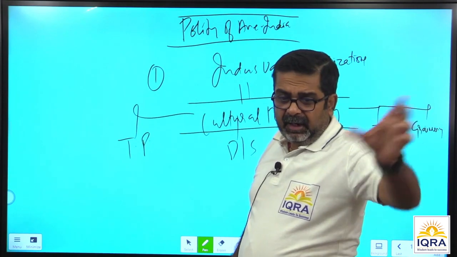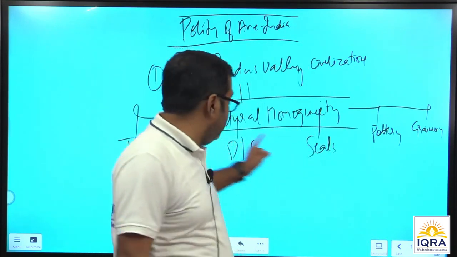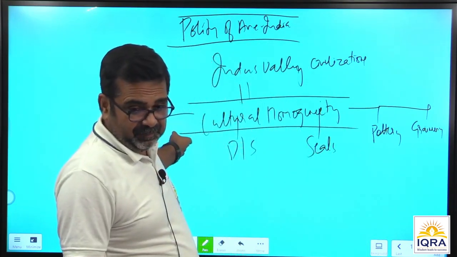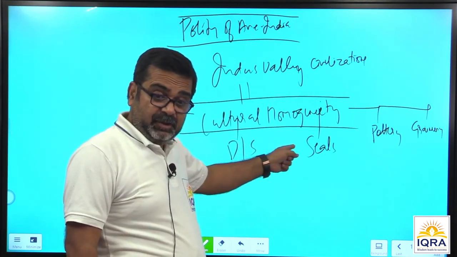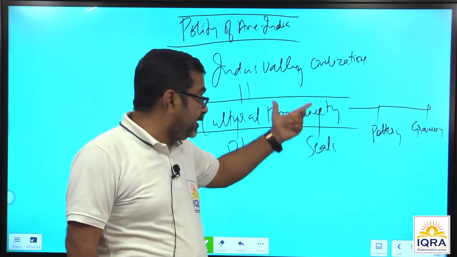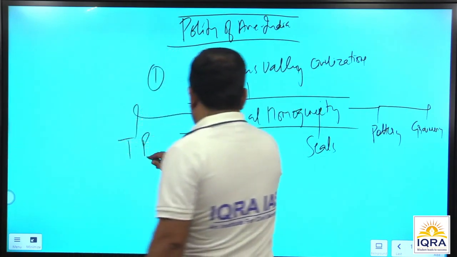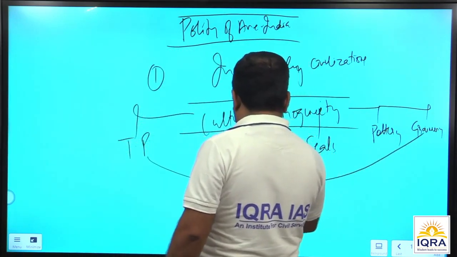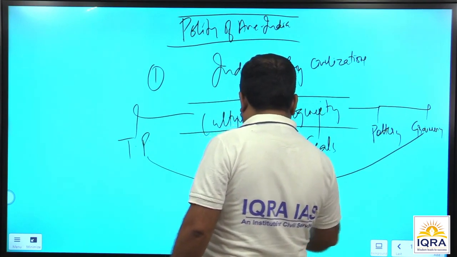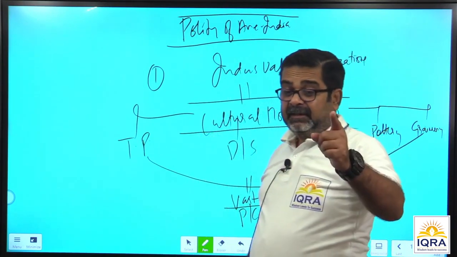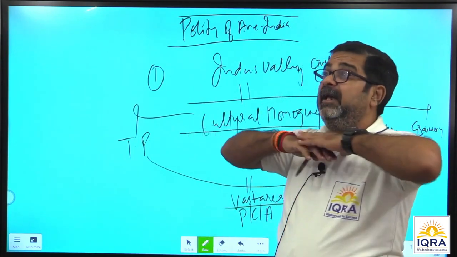The distance between Harappa and Mohenjo-daro is 400 kilometers, but the design is same, the pattern is same, drainage system pattern is same, seals' artistic style is same, pottery is same. In such a vast area, this cultural homogeneity cannot be possible without a powerful central authority. So we cannot deny that there was a powerful central authority. What is the ground? Cultural homogeneity in a very large area.